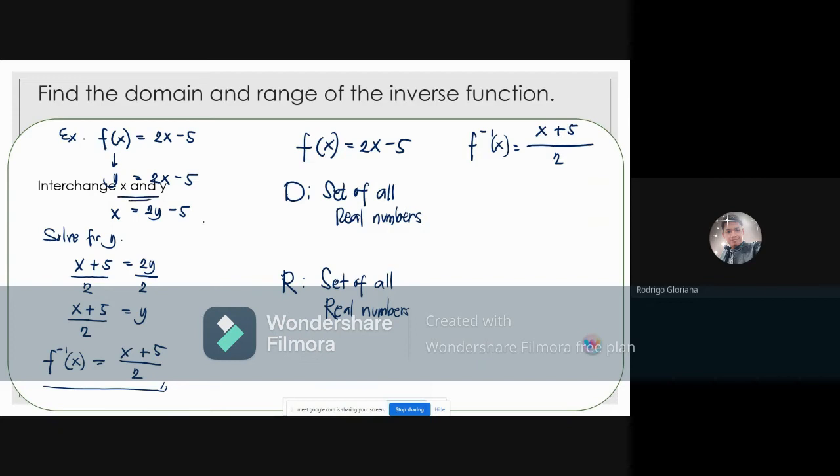So the domain of the inverse function is the range of the function. If that is the set of all real numbers, this is also the set of all real numbers.